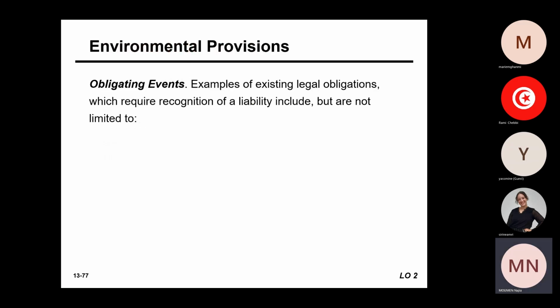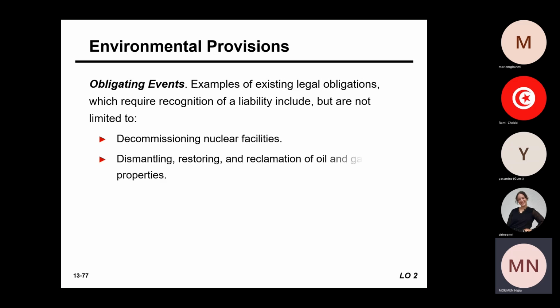Okay. Let's see here the example of this obligating event or legal obligation that exists regarding the environmental provisions. Okay, when, for example, you have this legal obligation for decommissioning nuclear facilities. So you have nuclear facilities and you are obliged to take them off from the site where they were installed.